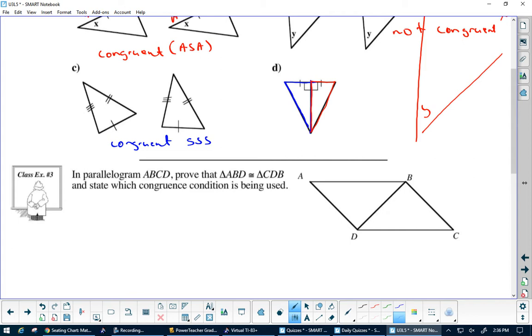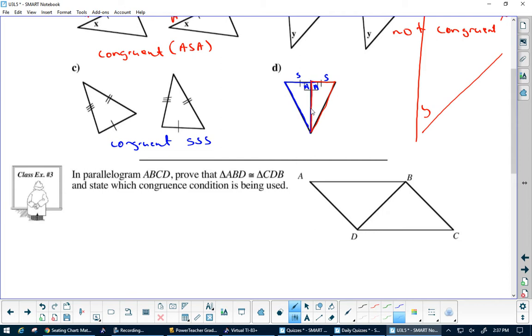Okay, so which one of the top would you use? Angle, side, side, side, side, angle, side. Side, angle, side? Well, we have a side and an angle. This has the same side because they put the little tick. But how do I know that this is the same length for both of them?